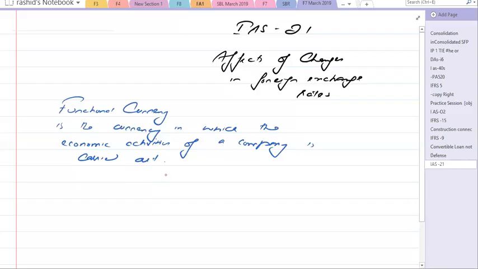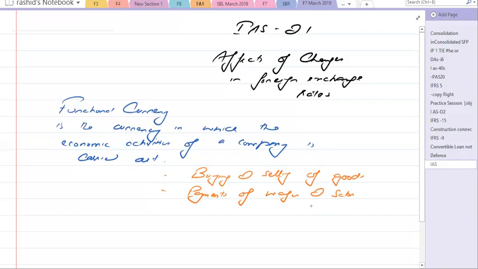Economic activities, for example, buying and selling of goods, payments of wages and salaries, determination of price of commodities, taking loans, that means financing.